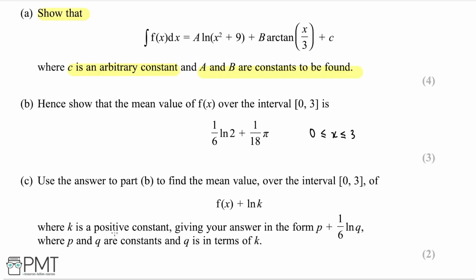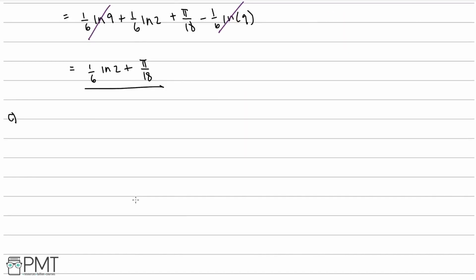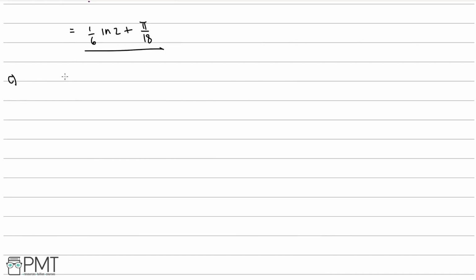For part C, we want to use our answer to part B to find the mean value over the integral of x between 0 and 3 of f of x plus ln k. Well, the mean value of f of x plus ln k will just be written as 1 over b minus a of the integral between 0 and 3 of f of x plus ln k with respect to x.